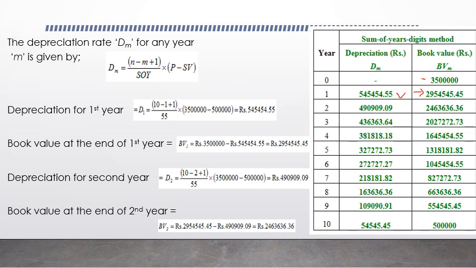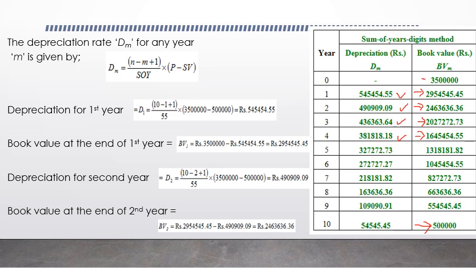Book value at the end of first year minus this value, you will get the book value at the end of second year. Book value at the end of second year minus depreciation during third year, you will get book value at the end of third year. Book value at the end of third year minus depreciation during fourth year, you will get book value at the end of fourth year. If you calculate like that, this is what you need to get.